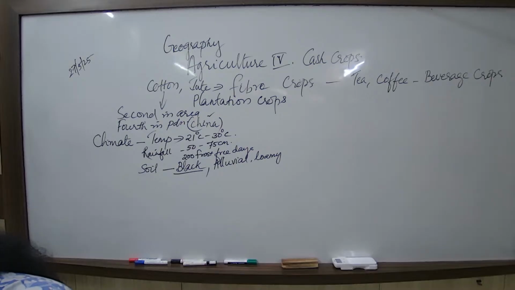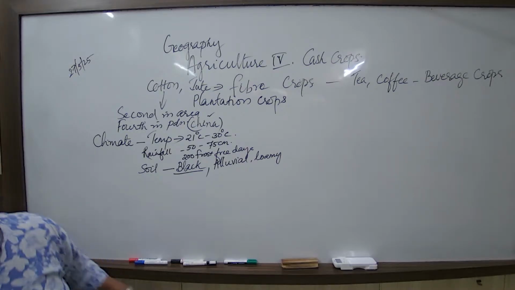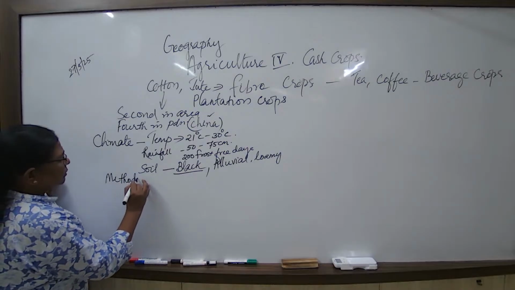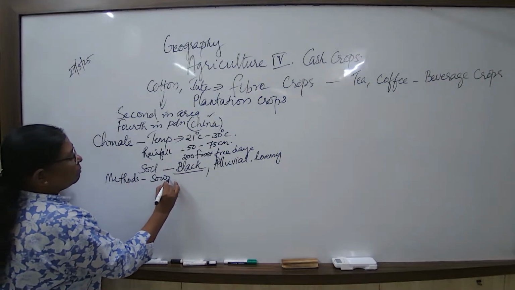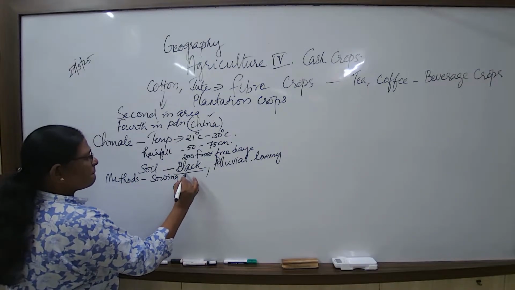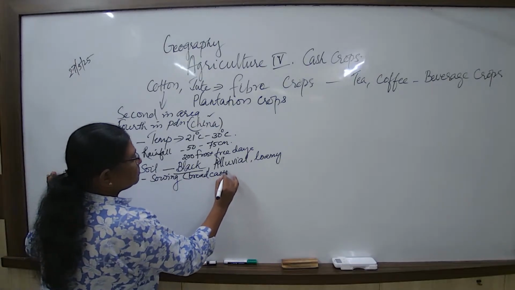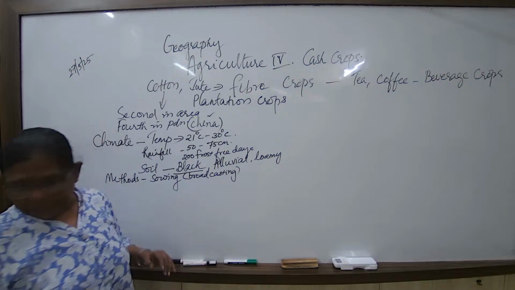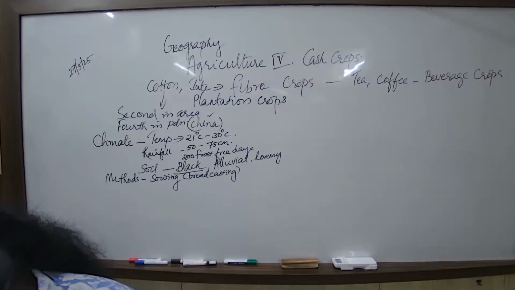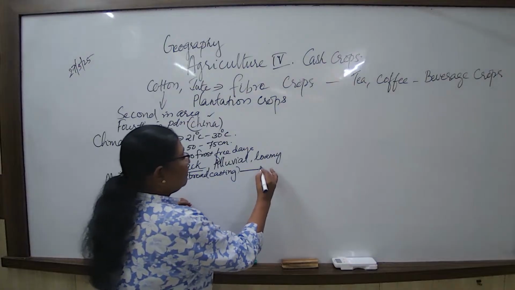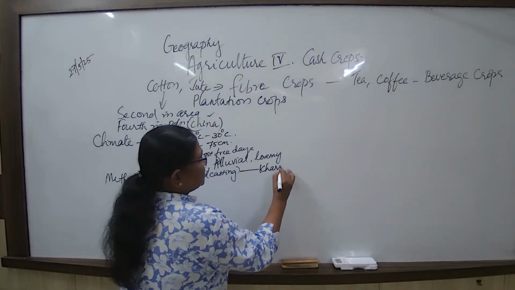Next one is methods of cultivation. What are the methods of cultivation? Sowing, or by broadcasting. Then, what is the other method? Harvesting. Before that, which is the crop season?